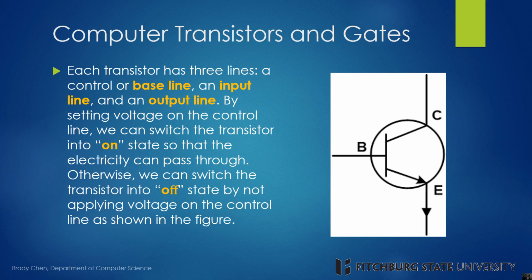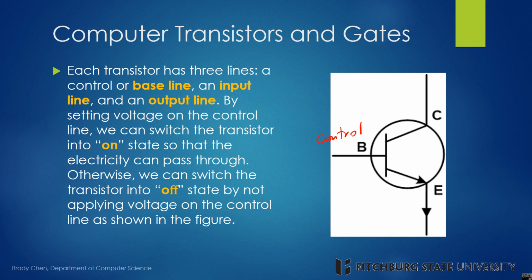This is just a logic diagram. Each transistor has three lines: a control or base line, an output line, and an input line.